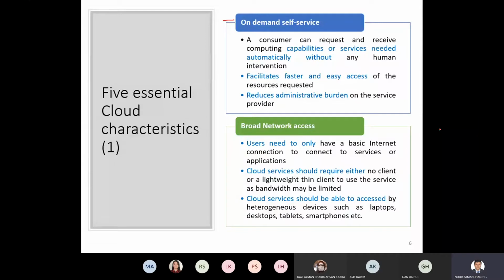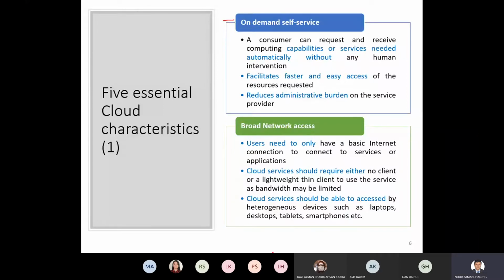It reduces the administrative burden. We may not require any administrative person for any cloud, only the people who handle maintenance, to keep an eye on the rack servers and everything.